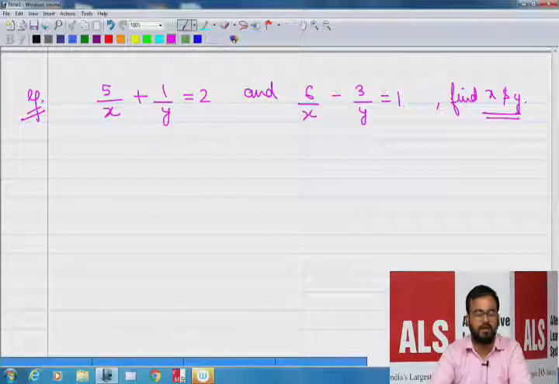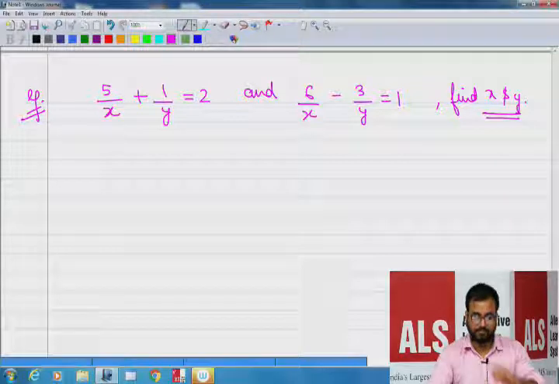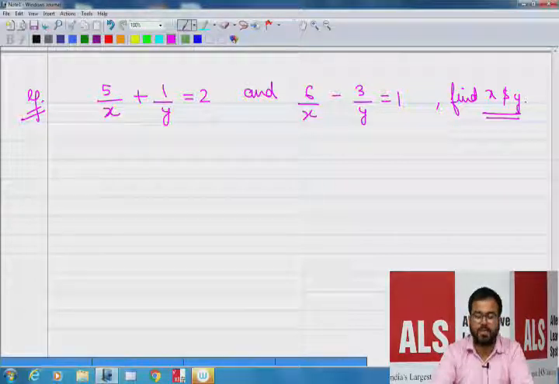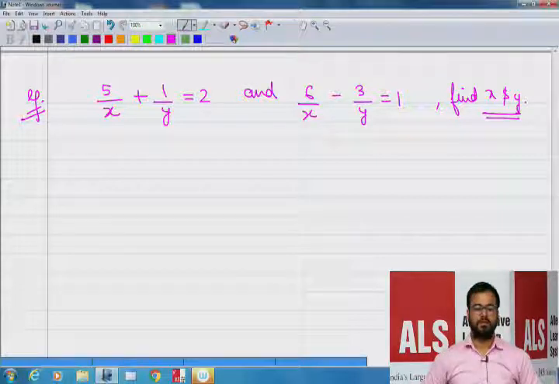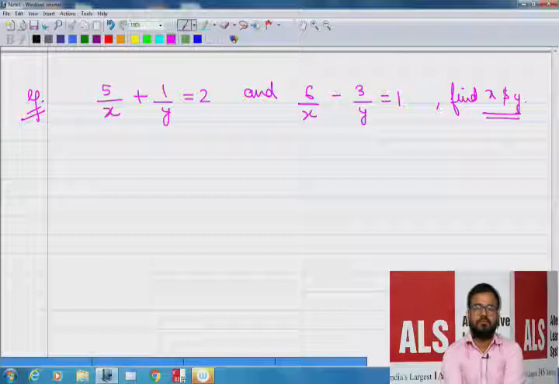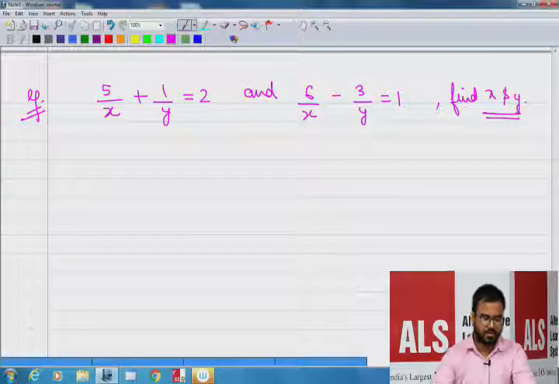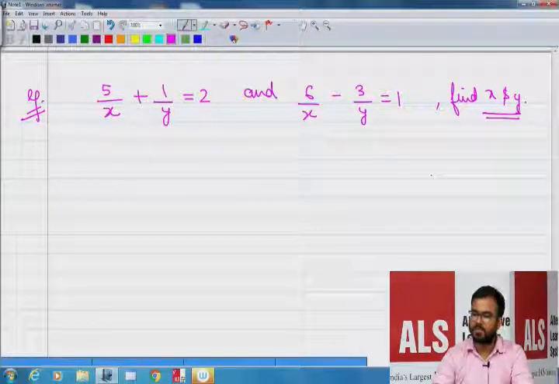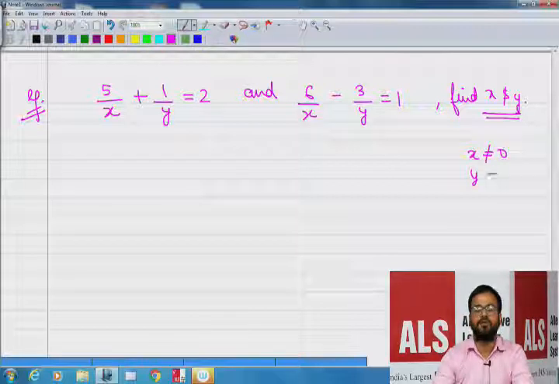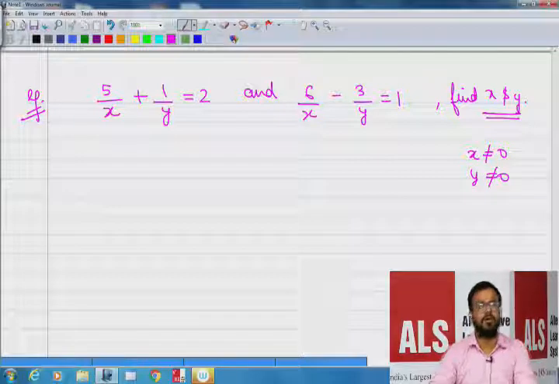Find the values of x and y. The condition is that x cannot be 0 and y cannot be 0. As you can see, both x and y are in the denominator, so they can't be 0.